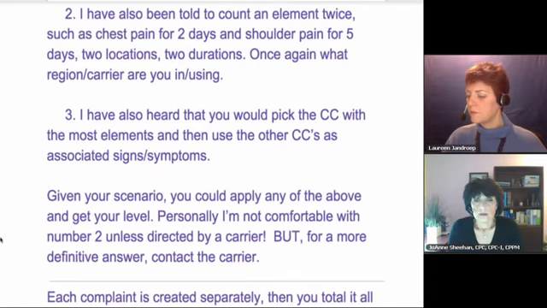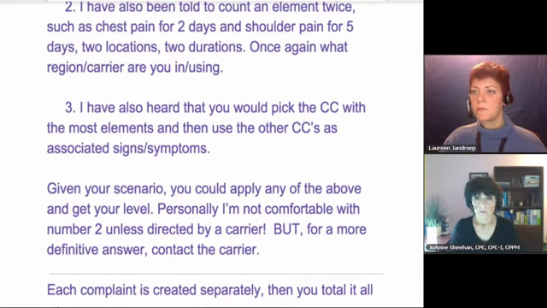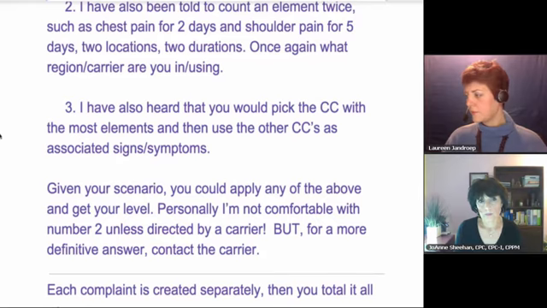I do know that there are parts of the United States that will allow you to count an element twice, such as if you had shoulder pain for 5 days and chest pain for 2 days, then the chest pain and the shoulder pain each counted for 2 points for location and 2 points for duration, because each one gave you a duration.